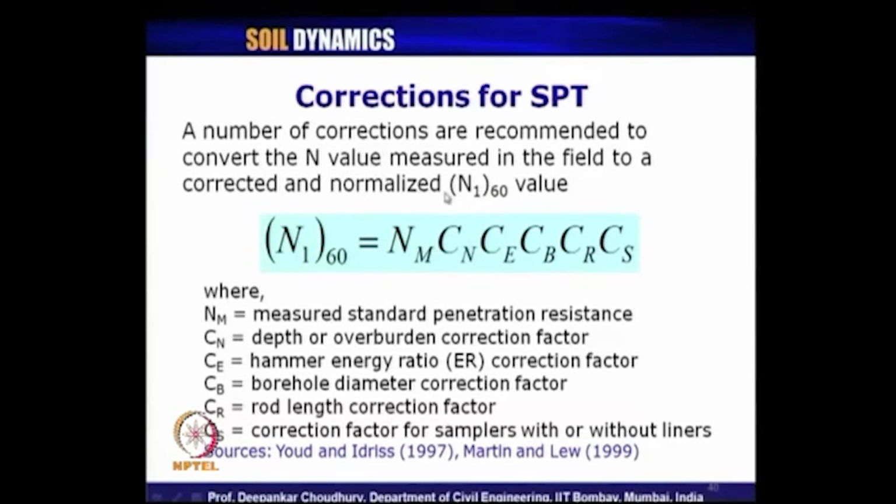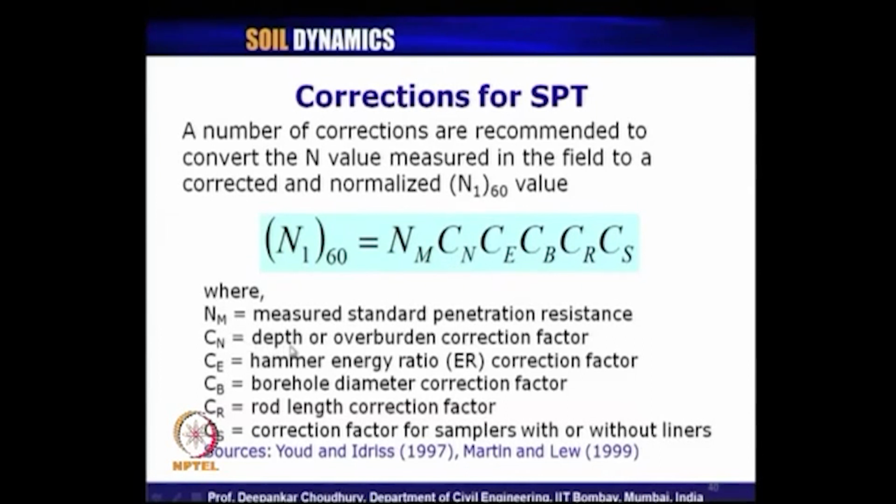So, the N value to the corrected value is denoted as N160. N160 is the corrected value and Nm is the measured standard penetration resistance value, that is, the raw data of N at the site. Then the correction factors are Cn, Ce, Cb, Cr and Cs. What are these corrections?